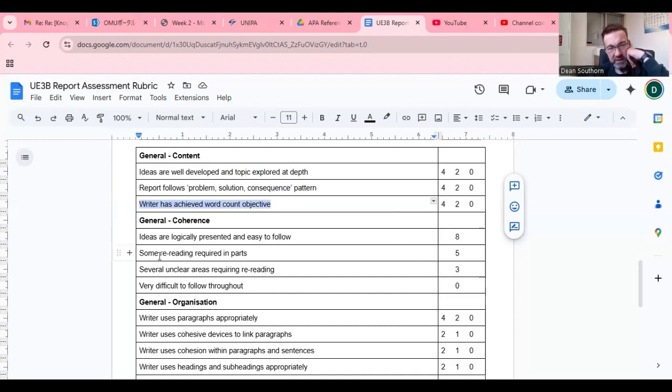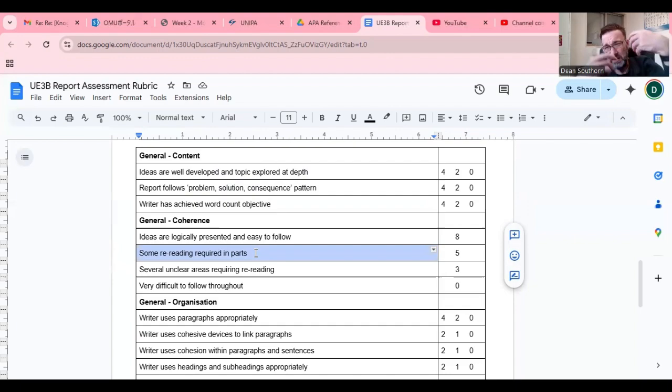If I have to start rereading some of it for whatever reason, it's not presented well or your ideas aren't logically presented, then you will start losing points. If I don't have to reread it, then you score 8 automatically. A little bit of rereading goes down to 5. Some unclear areas, so a little bit less clear, or very difficult to follow throughout.